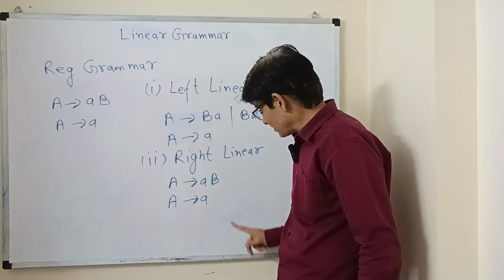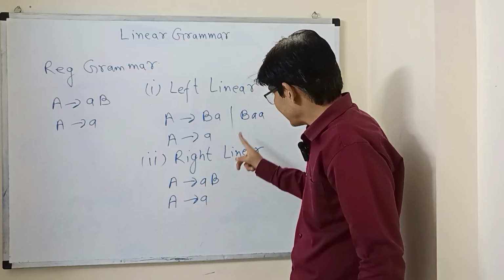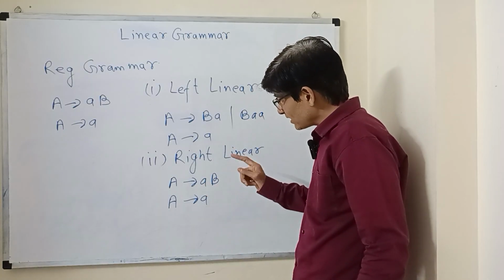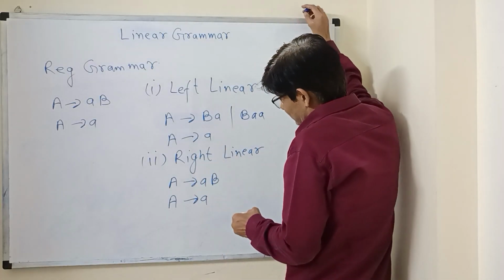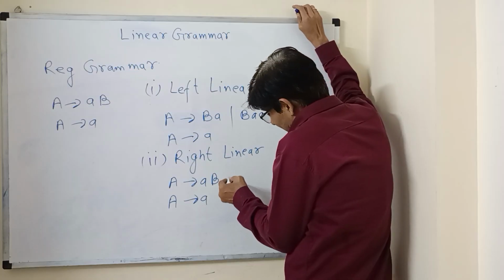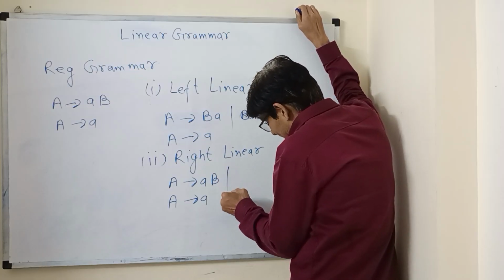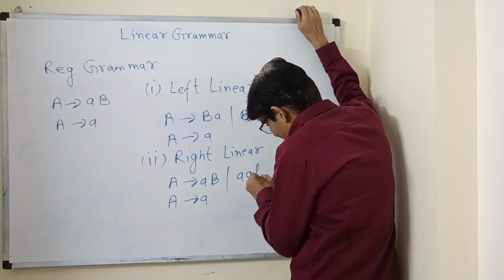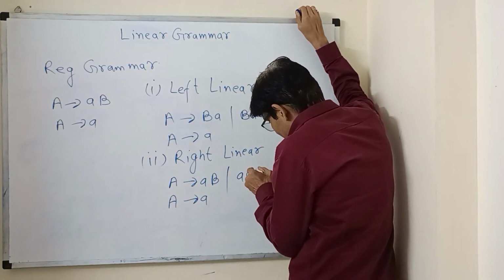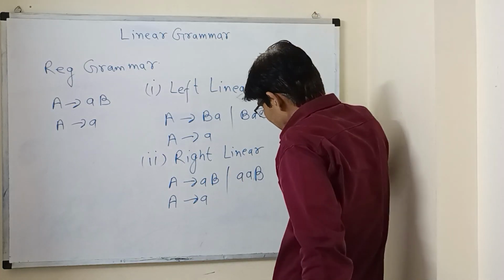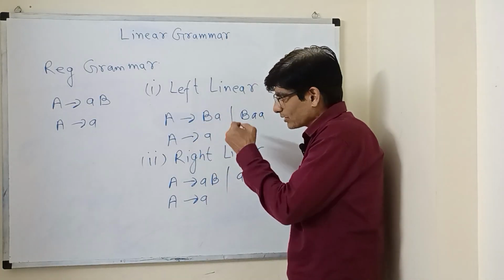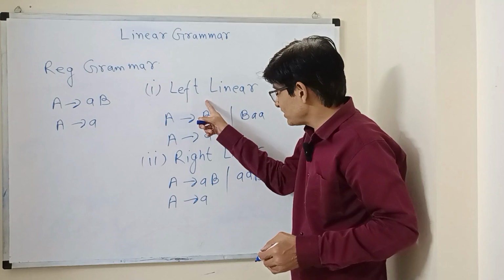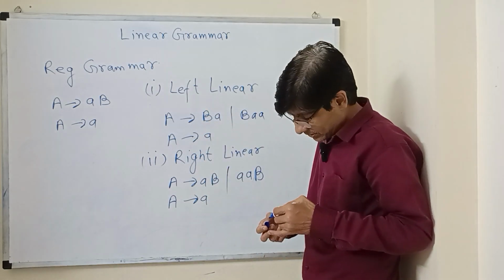Again, you can have more than one terminal in the right hand side, but all these terminals must be a consecutive string, like aaB. This is how you can write the productions of left linear grammar and right linear grammar.